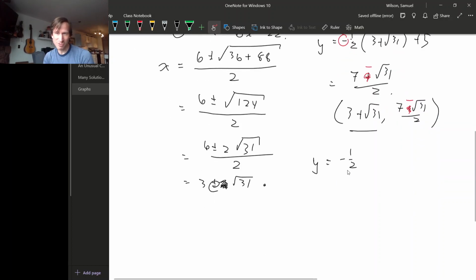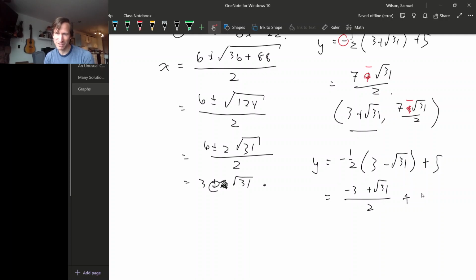Okay, so now for the other one, so minus 1/2 times the other x value is 3 minus root 31, plus 5. So let me be more careful here. Distribute the minus sign, so minus 3 plus root 31 over 2 plus 5. So this is 7 plus root 31 over 2. Okay.